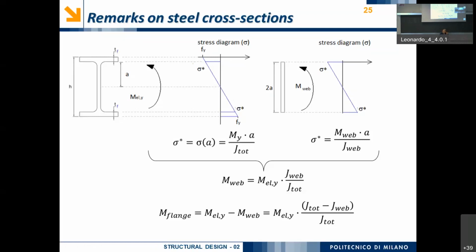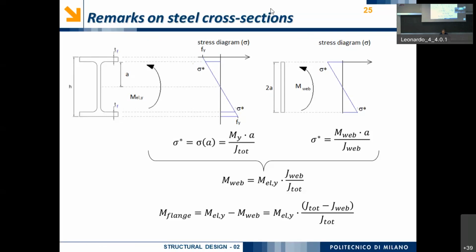How can we do this kind of computation? It might be done in a very easy way. We know that the stress distribution corresponding to the value of the yielding moment is a linear stress distribution.